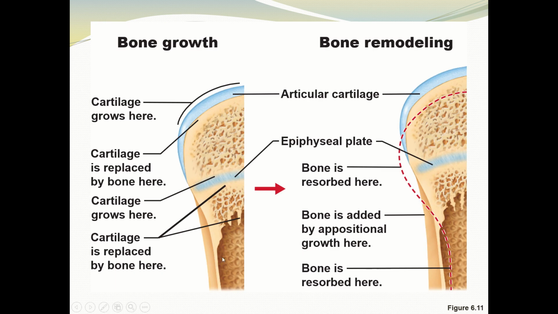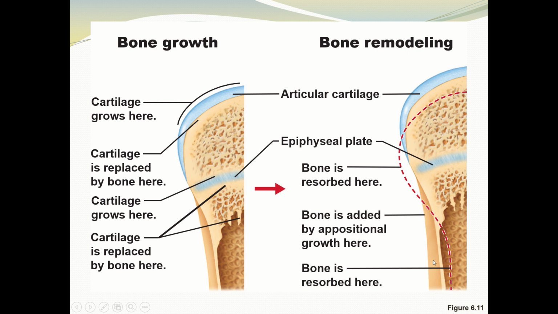Bone growth that is going to increase the length of the bone is that longitudinal growth, and then remember, appositional growth is going to be part of the remodeling process. And this will help to ensure that the medullary cavity continues to widen as the bone widens. And we want to maintain a steady thickness of the bone collar.